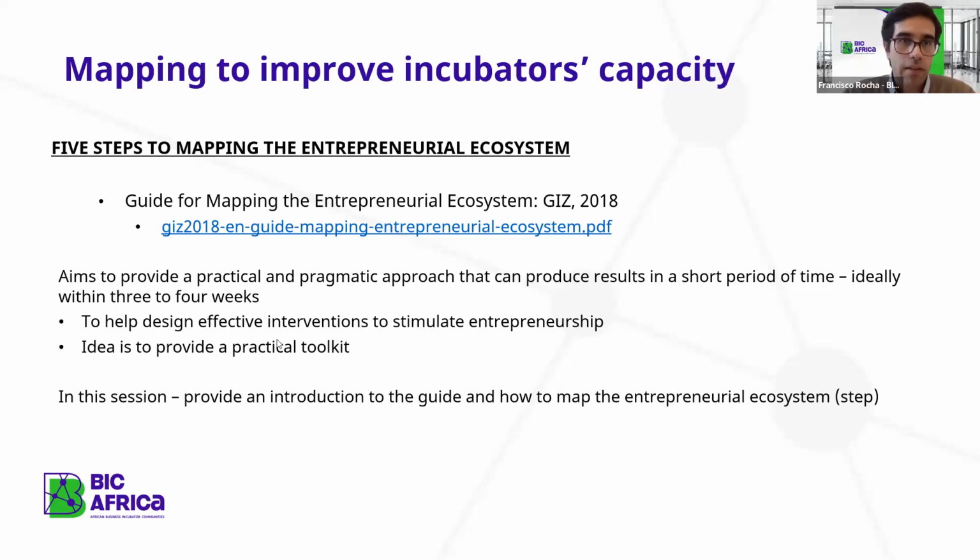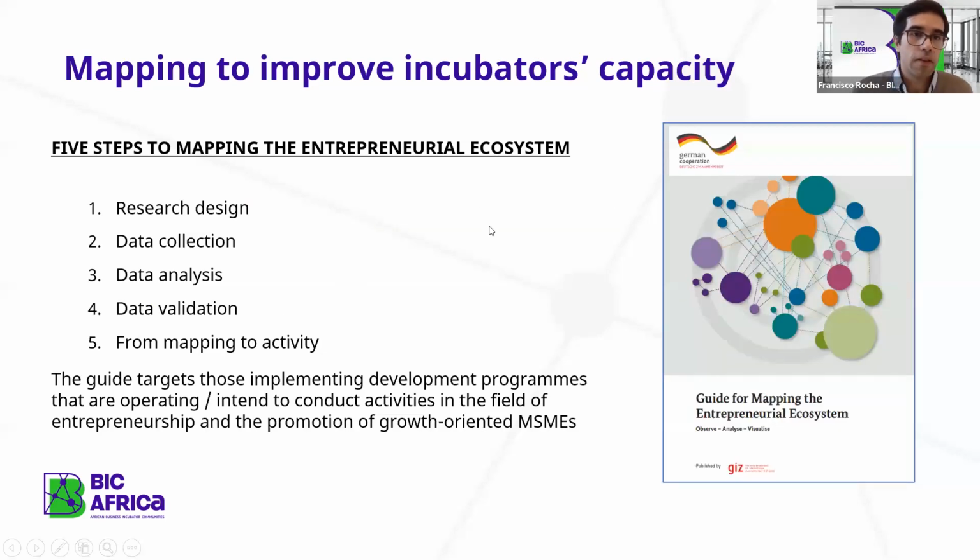So you will see in the next slide the structure of the 5 steps to map the entrepreneurial ecosystem. For each one of these steps, the guide describes in detail what has to be done and offers some practical tools to do that.